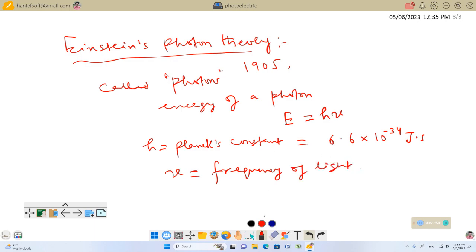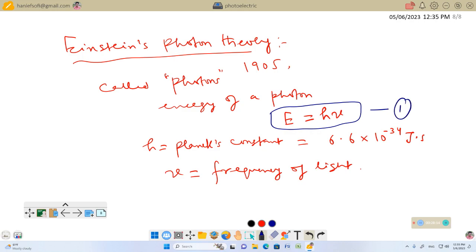You can see the energy of a photon is proportional to the frequency. Greater the frequency of light, larger is the energy of the photon corresponding to that light, right? Let me name it equation 1.